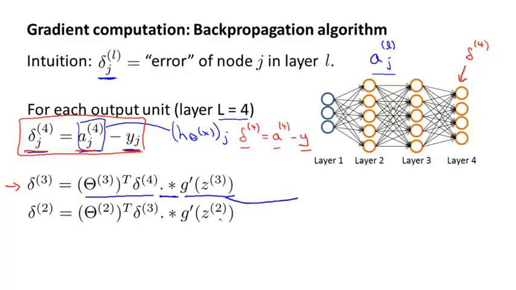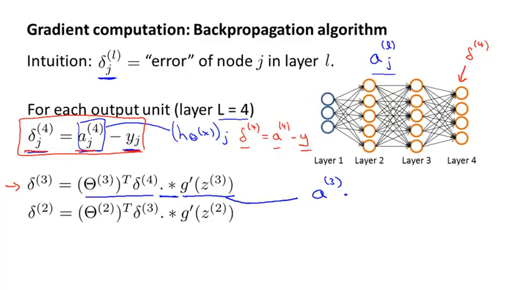This term g prime of z3, formally, is actually the derivative of the activation function g evaluated at the input values given by z3. If you know calculus, you can try to work it out yourself and see if you can simplify it to the same answer that I get. But I'll just tell you pragmatically what that means.